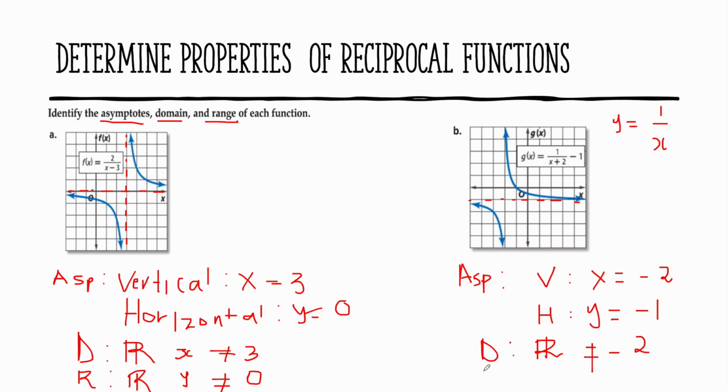And our range, all real numbers, and we'll restrict -1. So here it goes all real numbers not equal to -1, all real numbers not equal to -2. So that is our domain and that is our range. Okay.